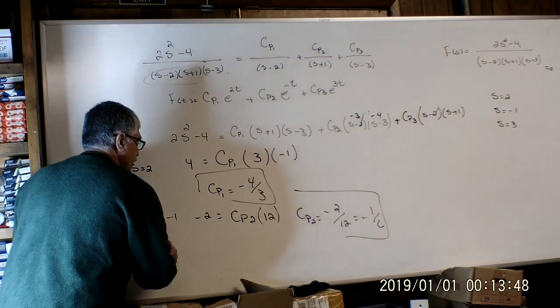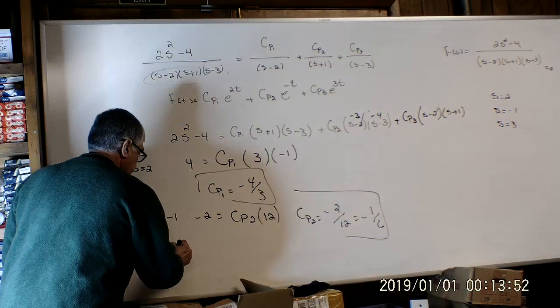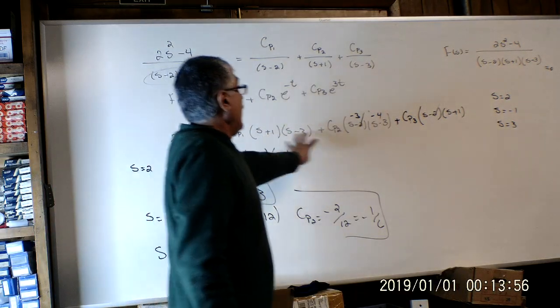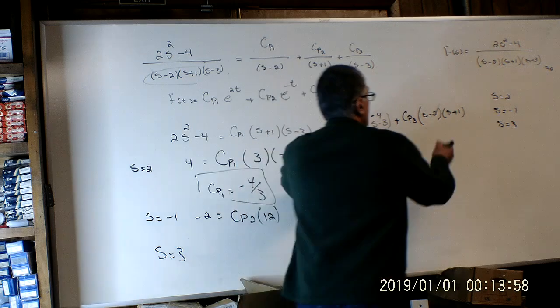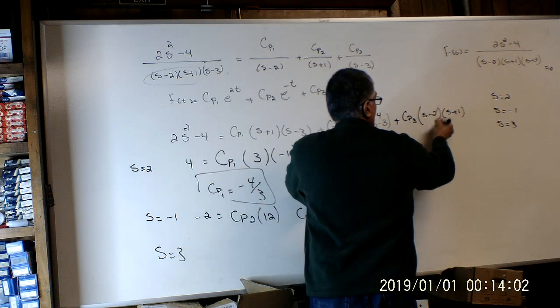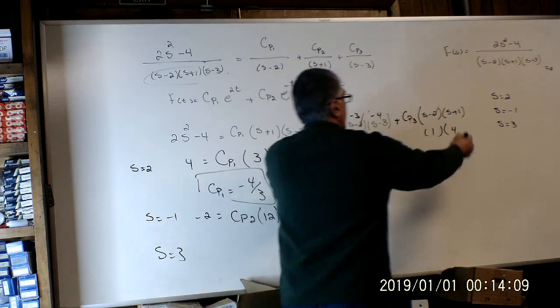And if we set s equal to 3, this term will be 0 and that term will be 0. So we are going to have cp3 times 3 minus 2, which is 1, multiplied by 3 plus 1, which is 4.